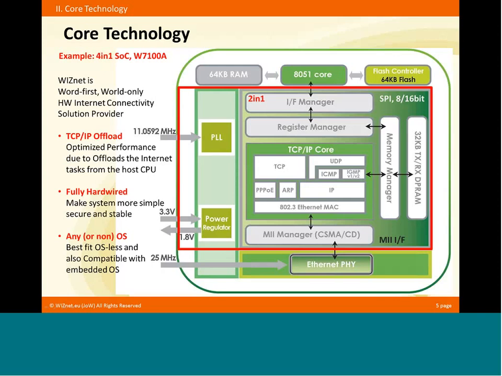This core exists 8 times in parallel, and there is a big memory, in this case a 32K RAM, dual ported to support that. Dual ported means that data coming from the microcontroller, because you want to send some data into the internet, can be processed at exactly the same time as, for example, data coming in on another connection.